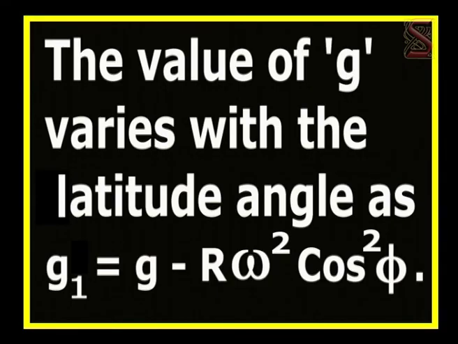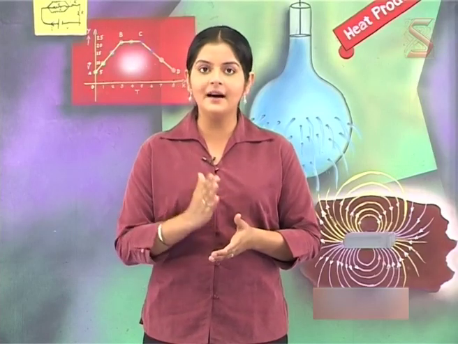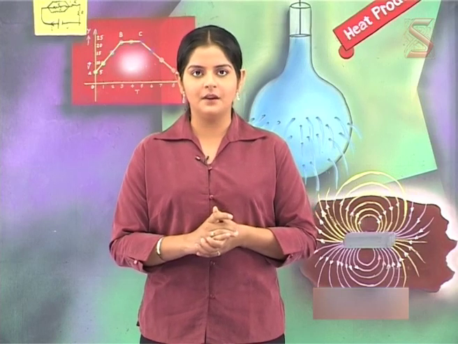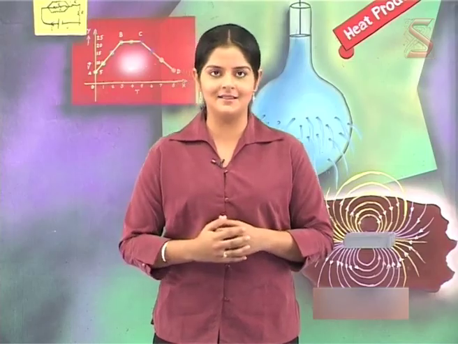The value of g varies with the latitude angle as g1 equals g minus r omega square cos square phi. Here r is the radius of the earth, omega is its angular velocity. You can learn the derivation of the equation in your higher classes.